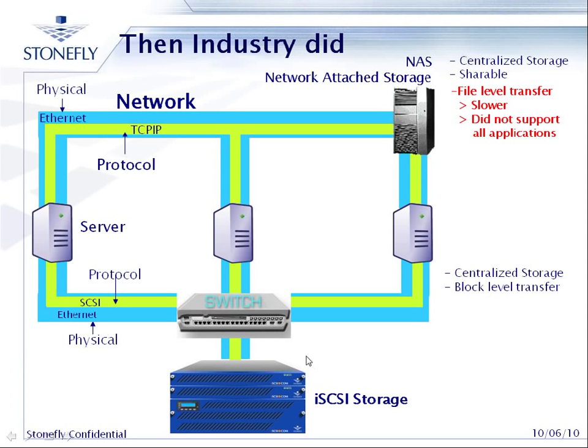So you were getting the block level transfer, you had the centralized storage, and the switches were standard switches that you use for the networking. Because of the commonality between the networking infrastructure and the iSCSI infrastructure, it forced the price of the switches to go much lower than Fibre channel.